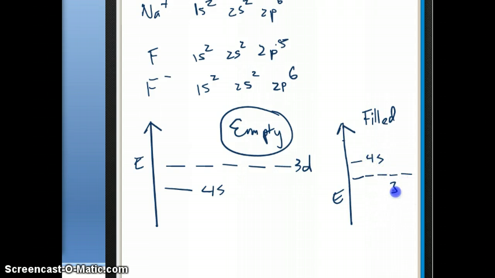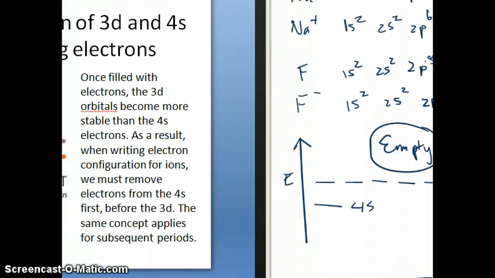So when you have electrons in them, let's say a couple of electrons here and a couple of electrons here, this is actually the way the stability works. So in other words, they're flipped, okay? The difference between a filled and an empty orbital is that the 3d orbital is more stable than the 4s orbital. And this has consequences in the configuration of ions, where you have both of these orbitals.